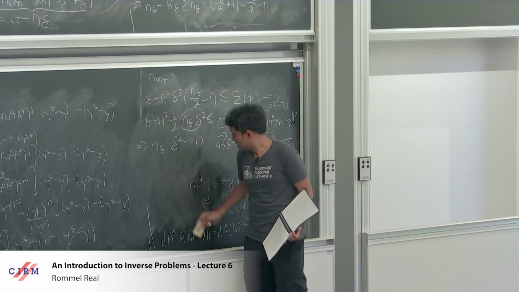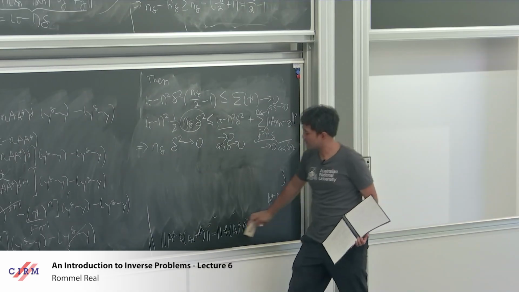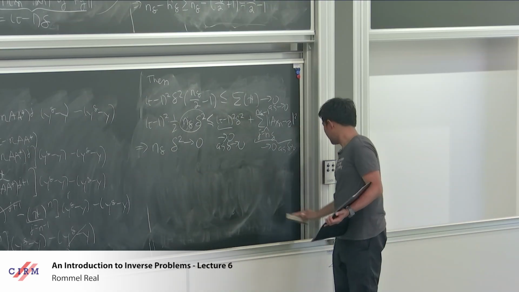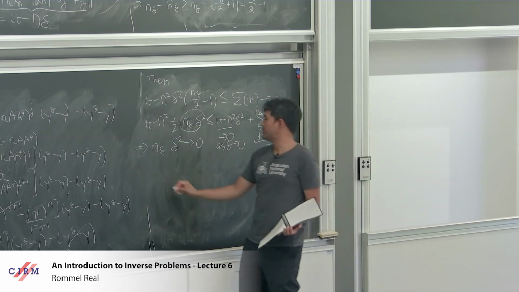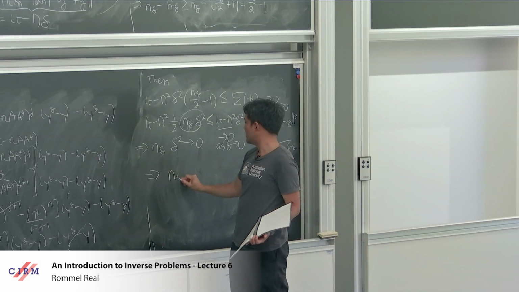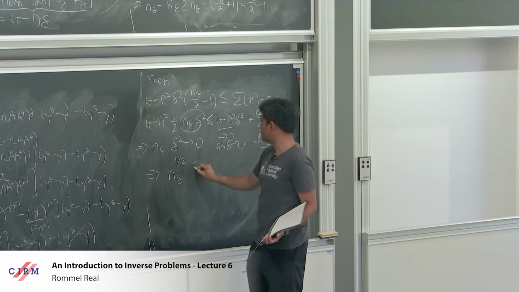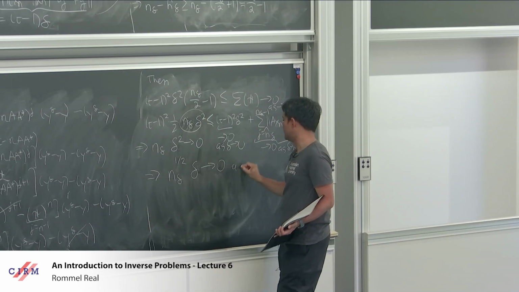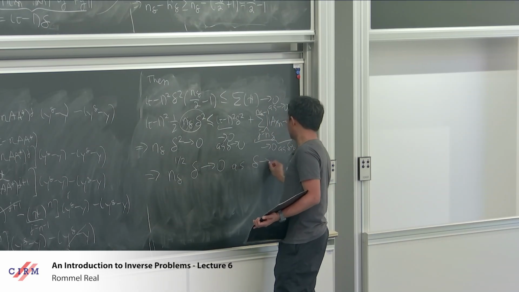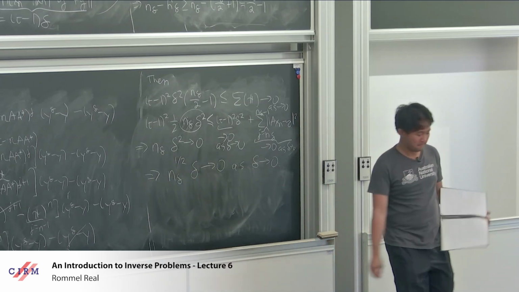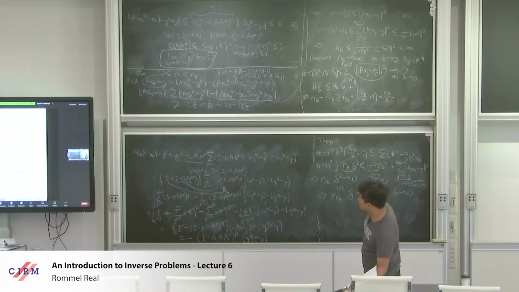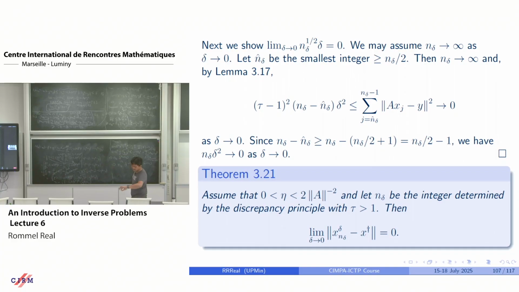And equivalently, this means that the corresponding square root goes to 0. So that means it also follows that n sub delta to 1/2 times delta goes to 0. And that finishes the proof of this useful result.